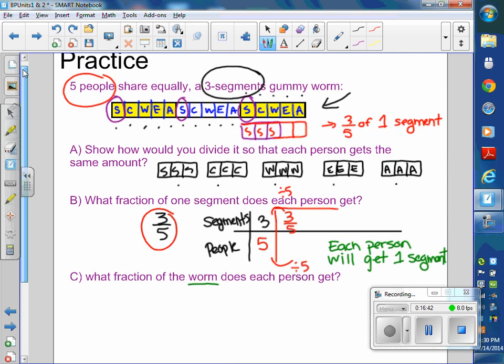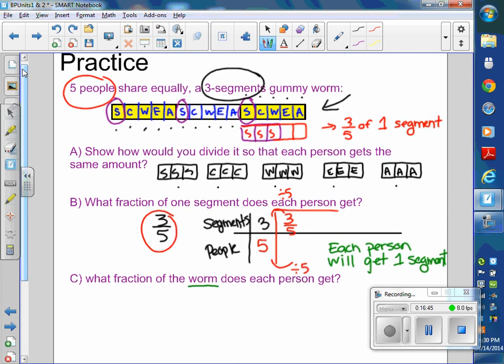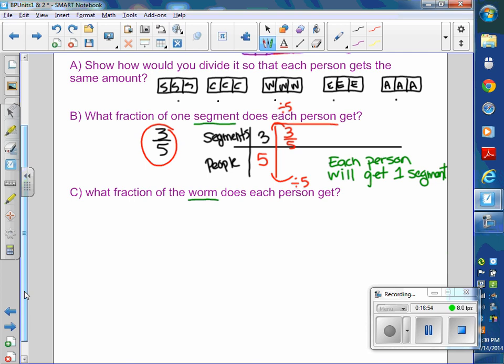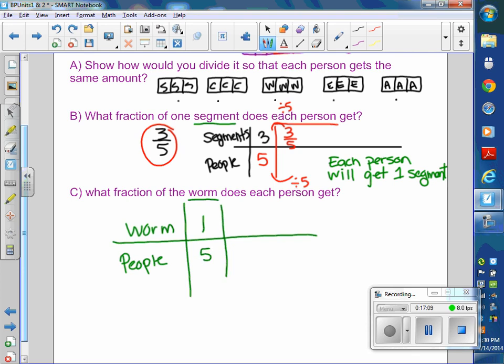So instead of the fraction of a segment, now they're asking the fraction of a whole worm. So now we have 1 worm shared between 5 people. We want to figure out what fraction of the whole worm does 1 person get. So we have to divide 5 people by 5. So we want the bottom to be 1 person. So that means we have to do the same thing to the top.